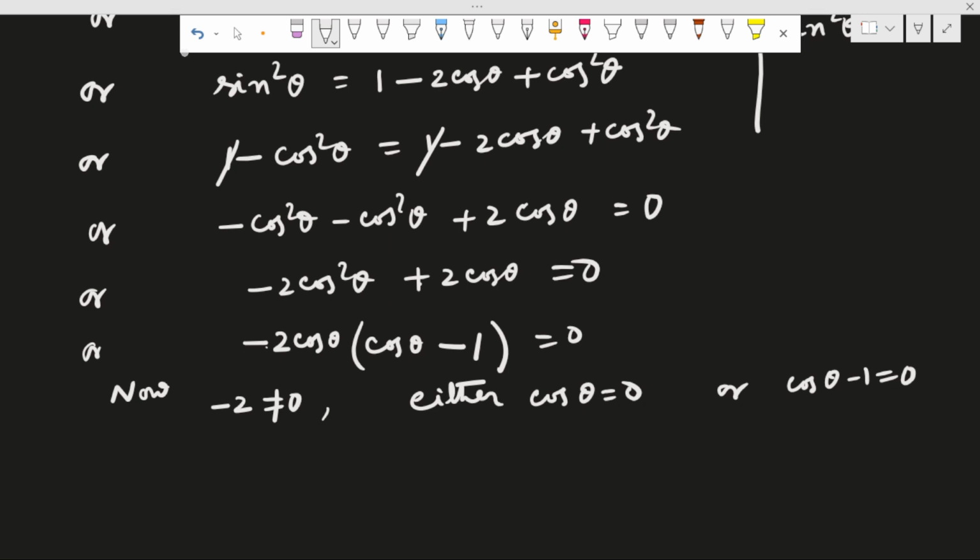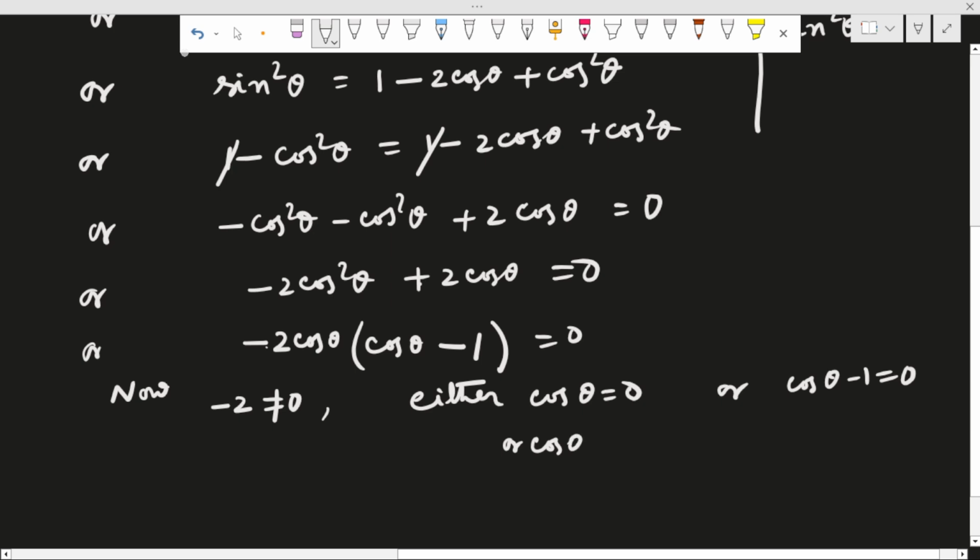From this equation, cos theta is equal to 0. So cos theta equal to 0 means cos of 90 degree, or theta is equal to 90 degree. One of the values of theta is 90 degree.